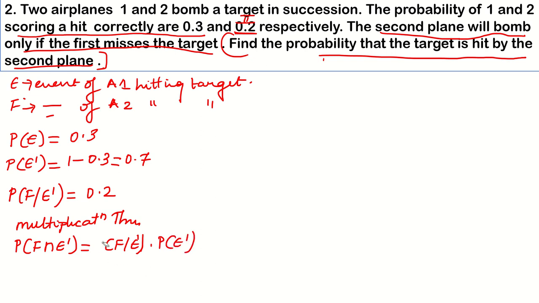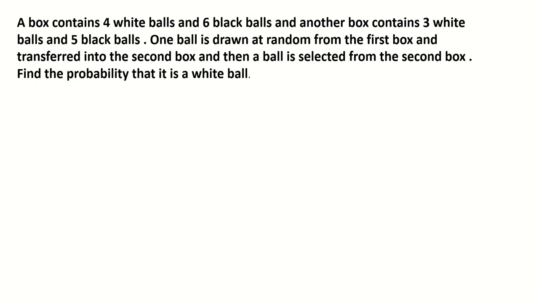As you can understand, the first aeroplane missed the target, so its probability is multiplied by the probability that the second plane hit the target, given that the first one missed. We know these probabilities. It's 0.7 into 0.2, which is equal to 0.14. This is the answer. Okay, next problem.